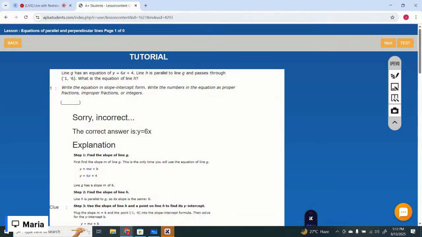Line G has an equation of y equals 6x plus 4. Line H is parallel to line G and passes through (-1, -6). What is the equation of line H?